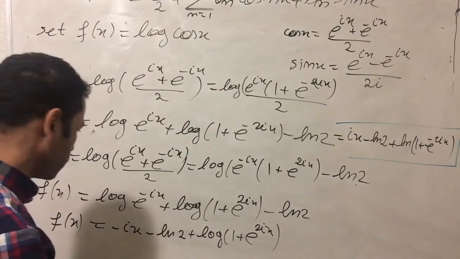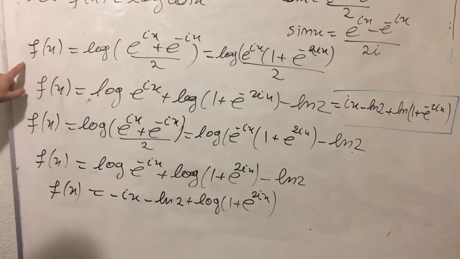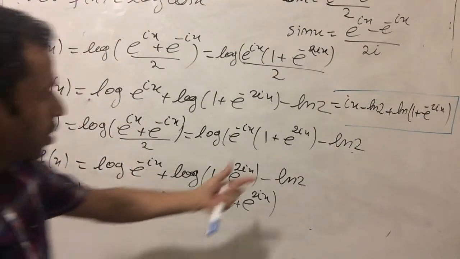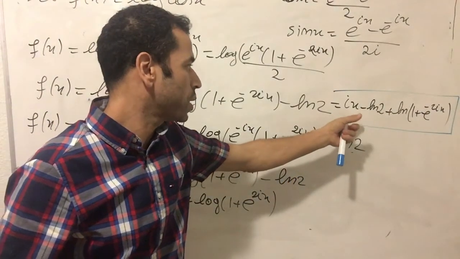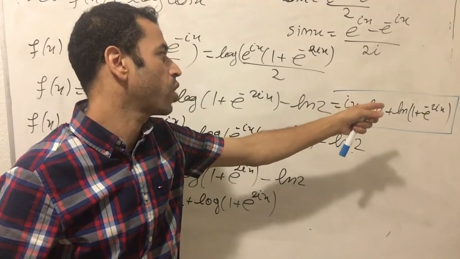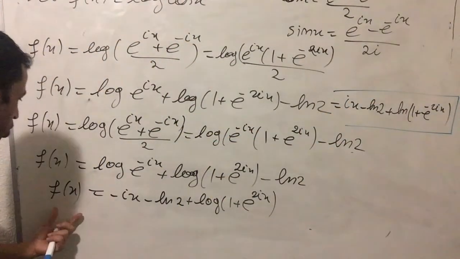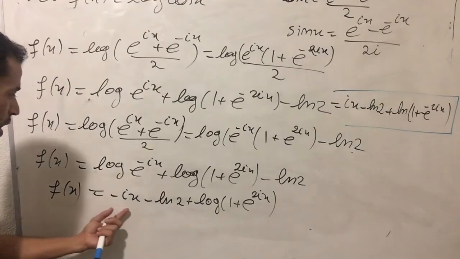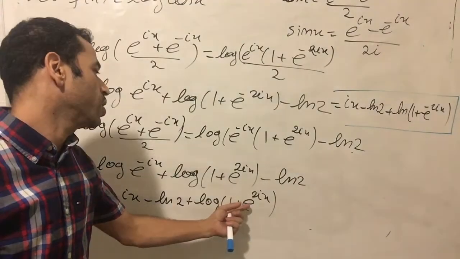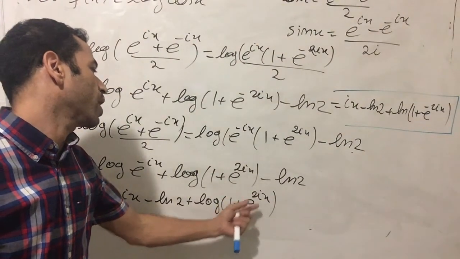If you take a look here, f of x equals this equation, which is ix minus natural log of 2 plus natural log of 1 plus e to the minus 2ix. The second equation, for the same function, equals minus ix minus natural log of 2 plus natural log of 1 plus e to the ix.